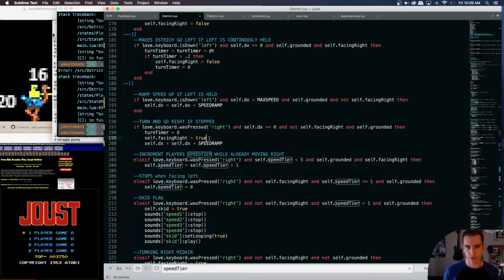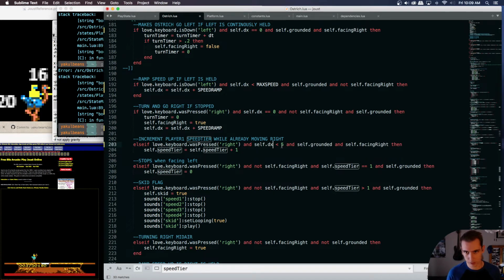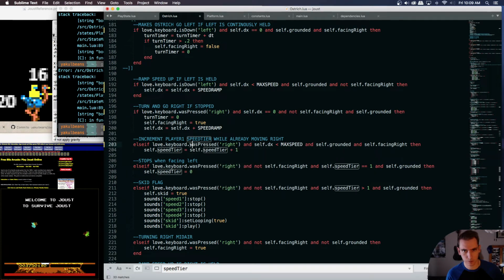So yeah, if was pressed is right and we weren't facing right, then we're facing right. Okay. So this is going to be if our dx is less than our max speed. And increment speedTier while already moving right. I think this needs to be is down.